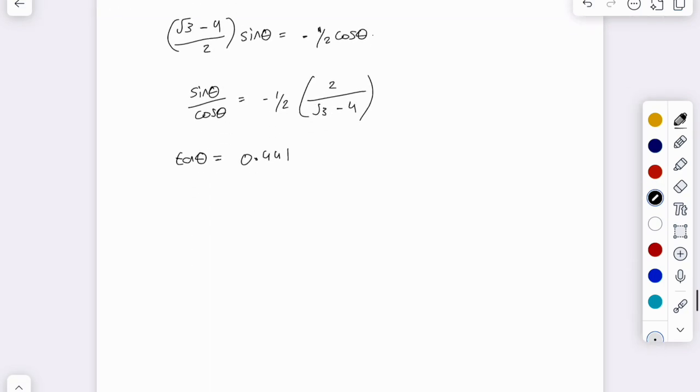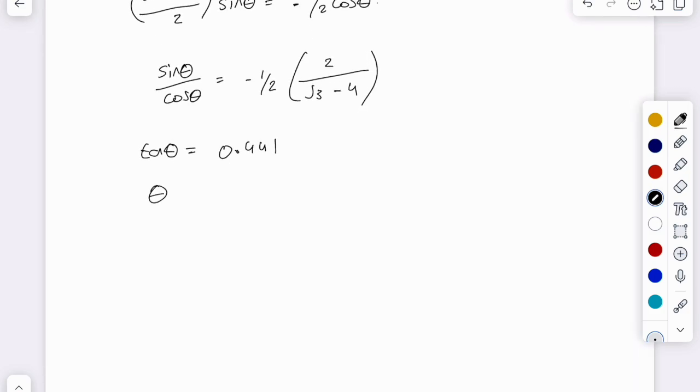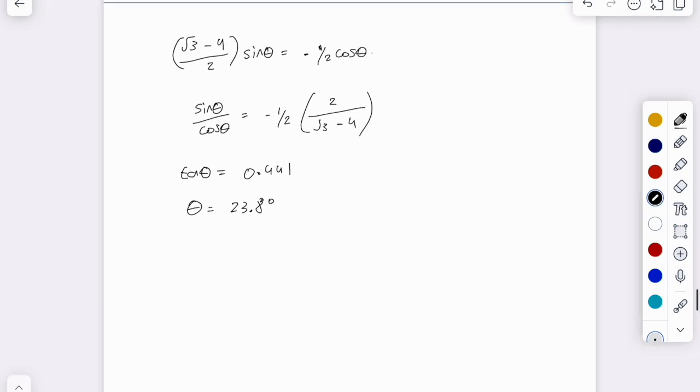Okay. Now, if we apply our arctan here, we get 23.8 degrees. Right. So, just a quick one on this. Obviously, I'll calculate that all together.